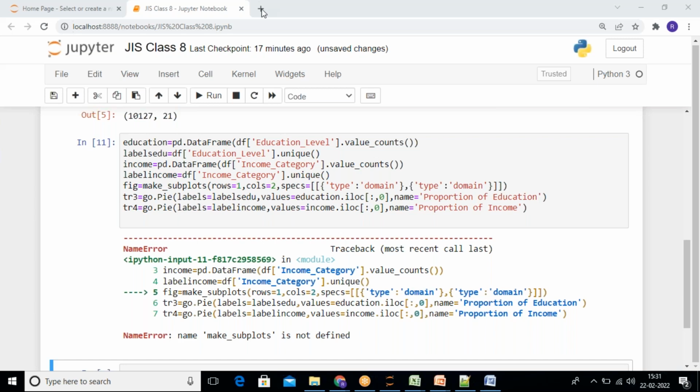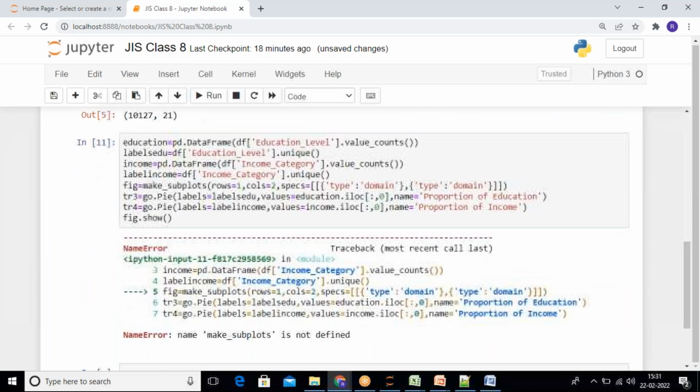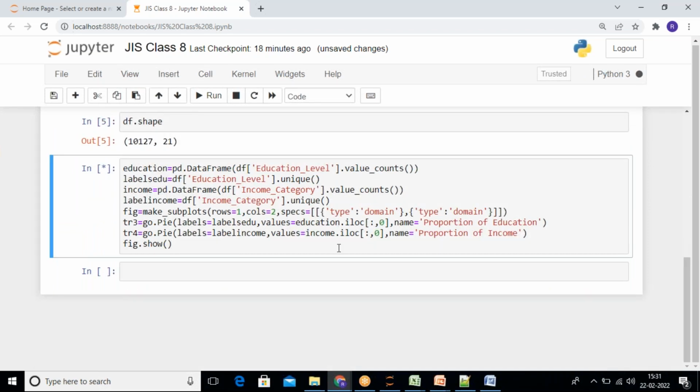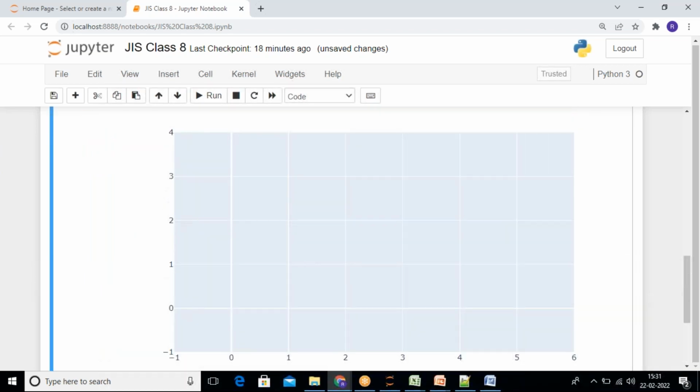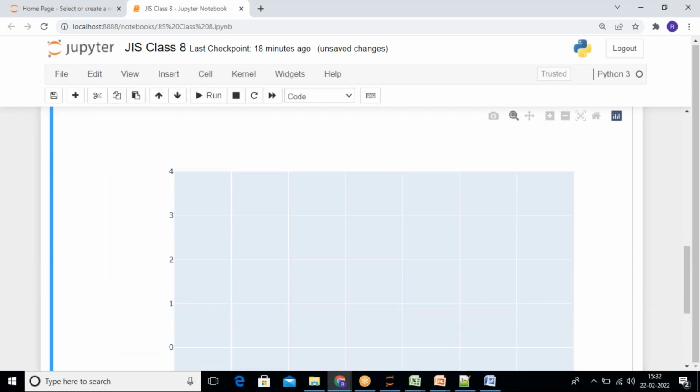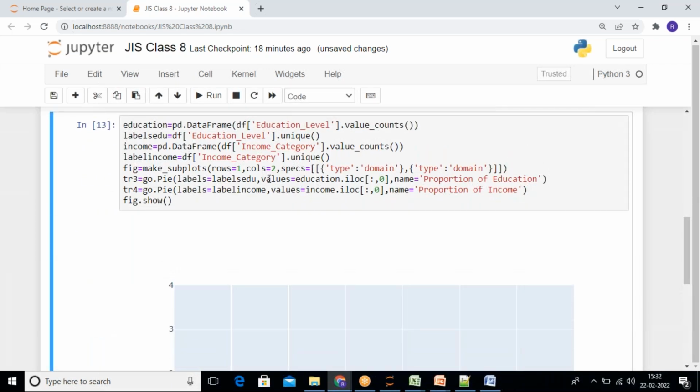Make underscore subplots. Okay, make underscore subplots. If I run this, so this is running. Now if I run this, wow, where is the graph? Where is the graph? Where is the graph?